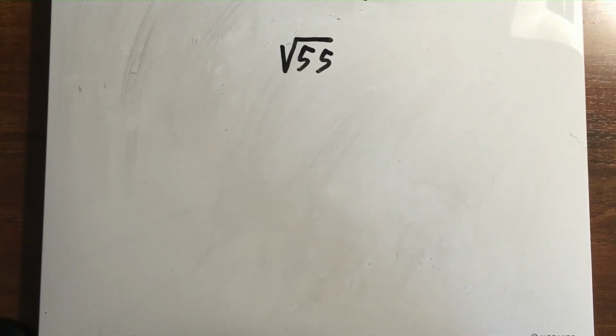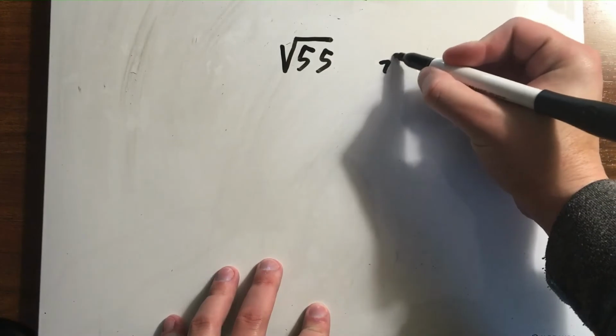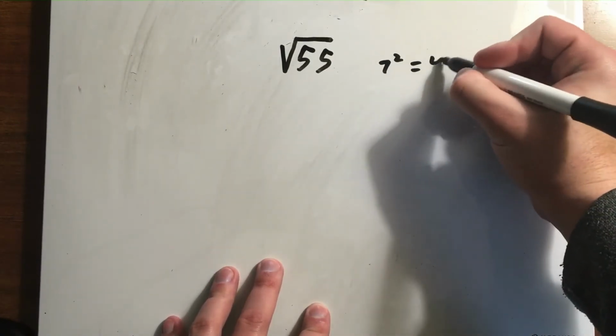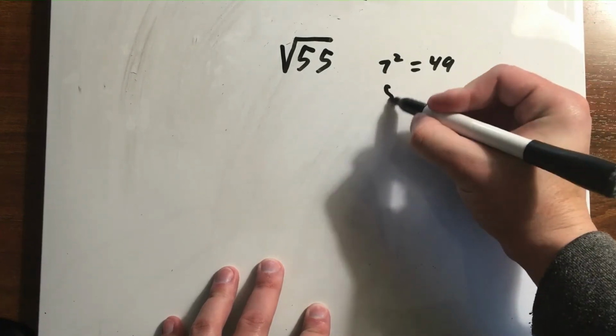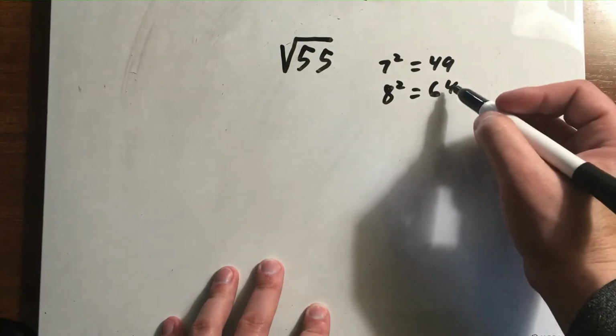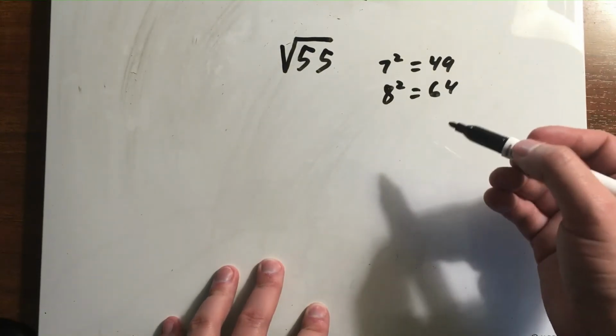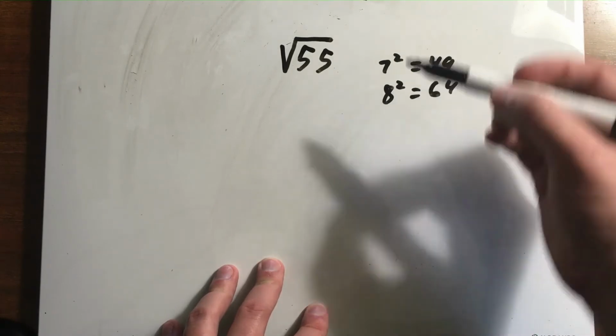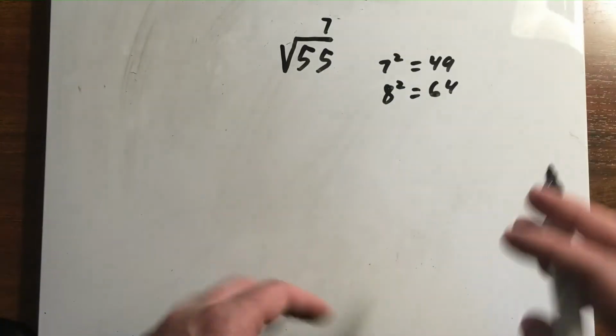Well, we know that 7 squared is 49, and 8 squared is 64, and 55 is right in the middle of those two. So we know that the square root is going to be more than 7 but less than 8. So we have to put 7 up here.